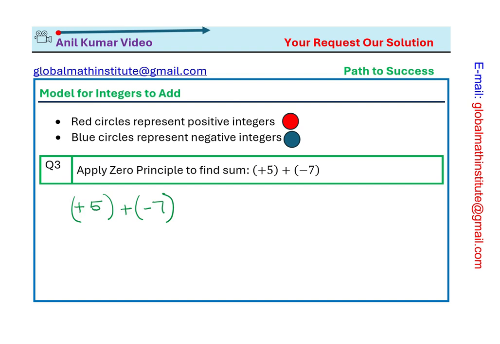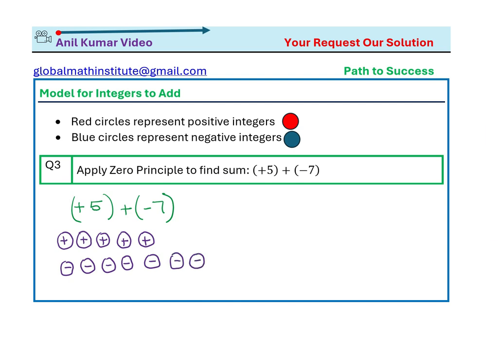So I will write plus counters here, plus 5. And for minus 7, we'll write negative counters. So these are 5 and 2 more.